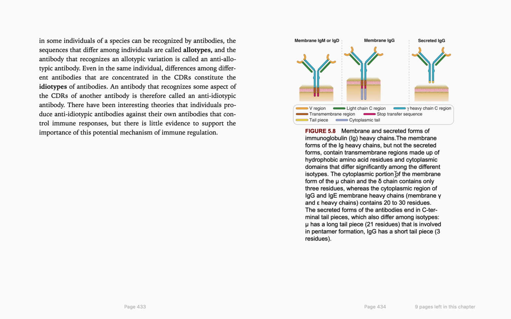The cytoplasmic portion of the membrane form of mu chain and delta chain contains only 3 residues, whereas the cytoplasmic region of IgG and IgE membrane heavy chain, and membrane alpha and epsilon heavy chains, contains 20 to 30 residues. The secretory form of antibody has C-terminal tail pieces, which also differ among isotypes.